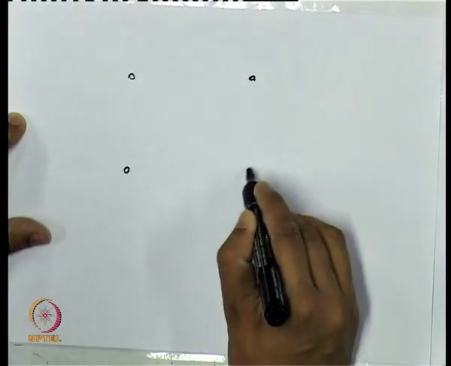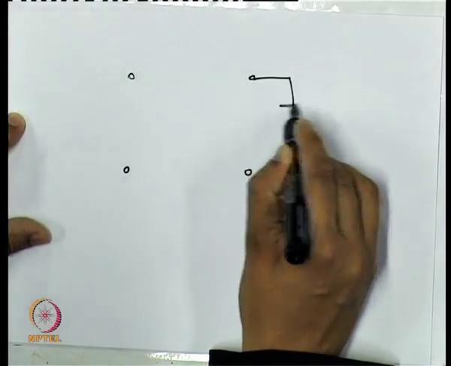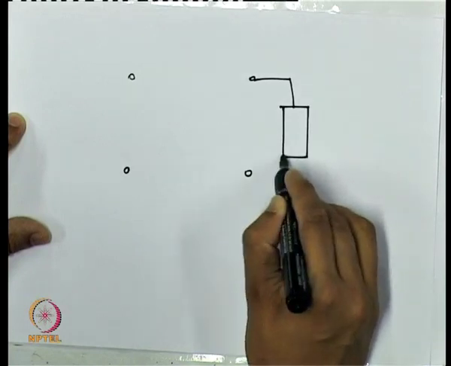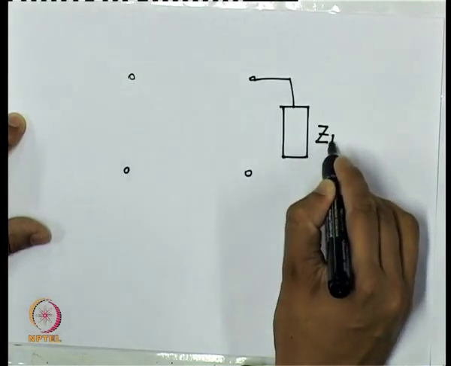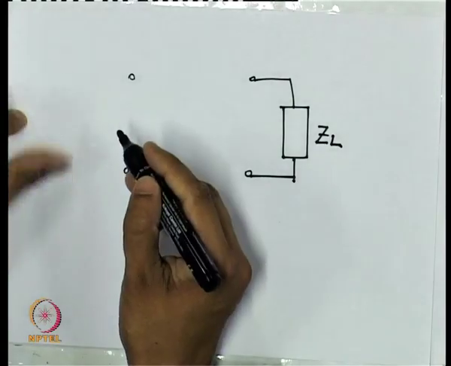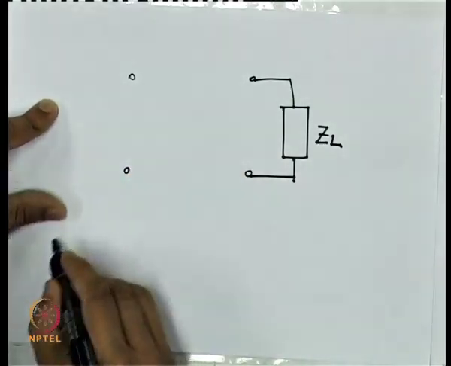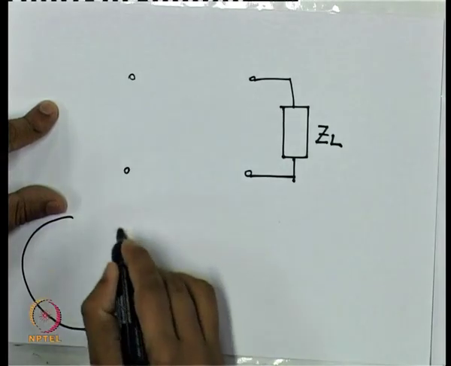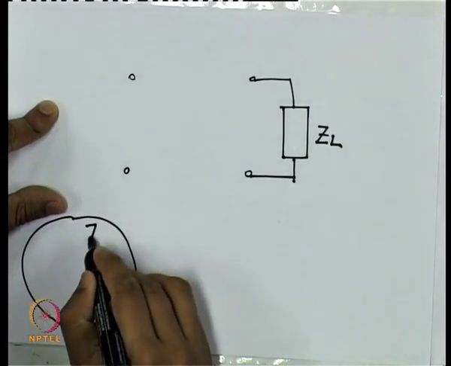So, if we go back to our circuit once again, we have ZL. On the Smith chart, as I said, this point is represented by ZL.